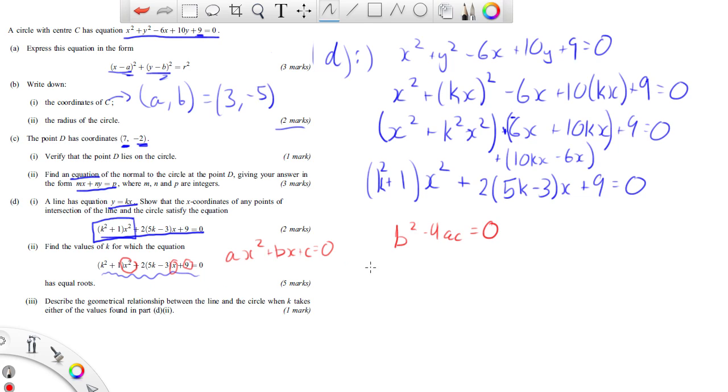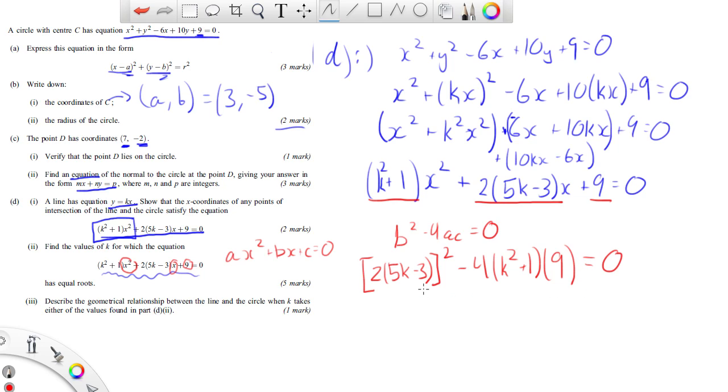So what we're going to do is we're going to have this full coefficient here. So 2 brackets 5k minus 3, and we're going to square that whole thing, minus 4 times a, which is the k squared plus 1, times c, which is the 9, and that should equal 0.